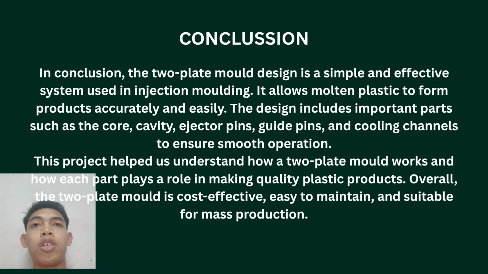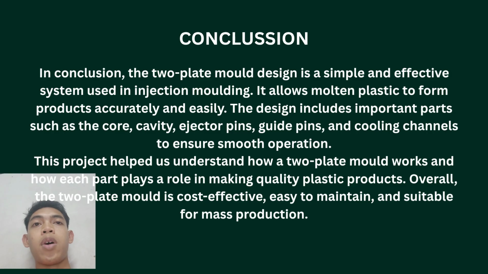So for the conclusion, the two-plate mold design is a simple and effective system used in injection molding. It allows molten plastic to form the product accurately and easily. The design includes important parts such as the core, cavity, ejector pin, guide pin, and cooling channel to ensure smooth operation.